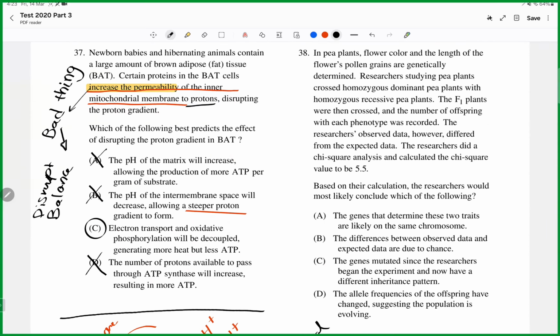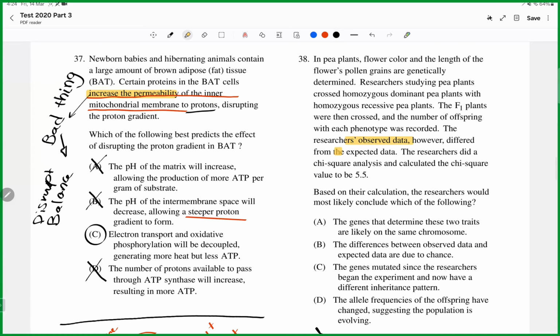So of course, you will get hybrid in the F1. But the researchers' data that was recorded or observed was different from the expected. And they did the chi-square work, and they found the chi-square value to be 5.5.